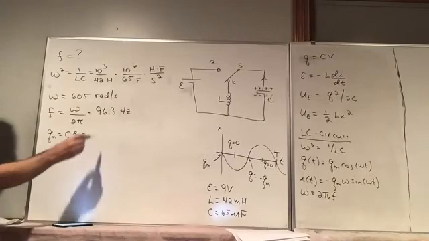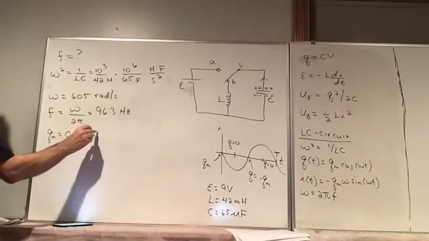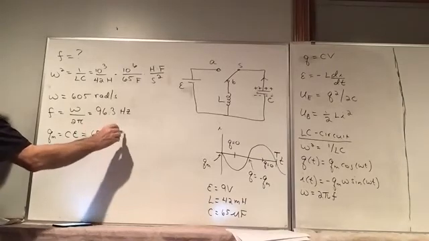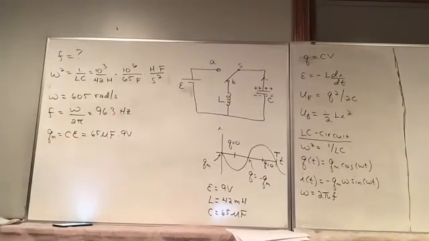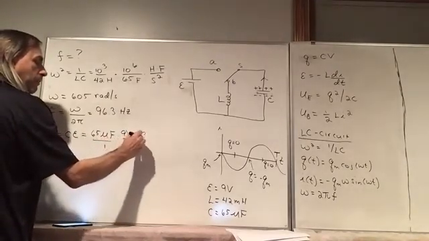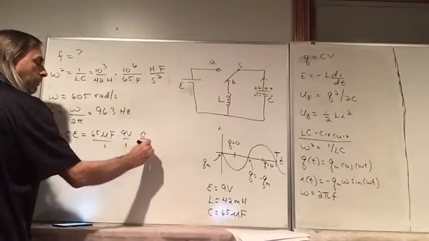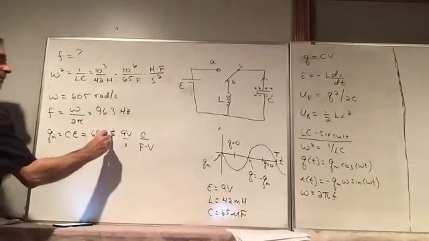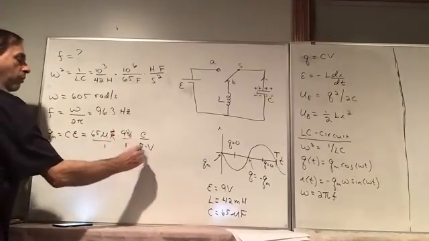That would be 65 microfarads times 9 volts. And a coulomb is equal to a farad times a volt, so we can just cancel out the farad and the volt.